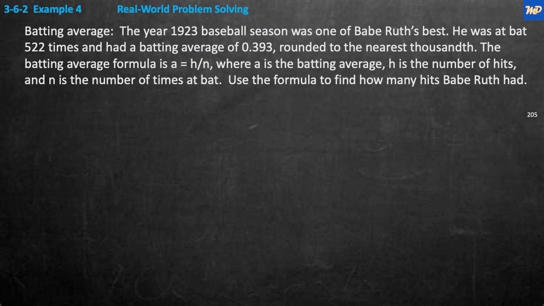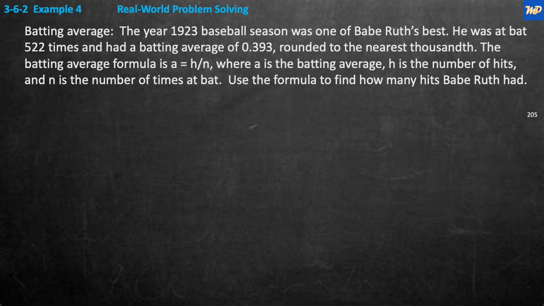Example 4, a real world problem. Batting average. The year is 1923. Baseball season was one of Babe Ruth's best. He was at bat 522 times and had a batting average of 0.393, rounded to the nearest thousandth.